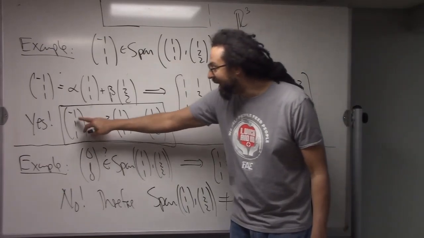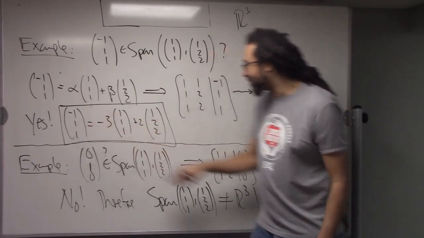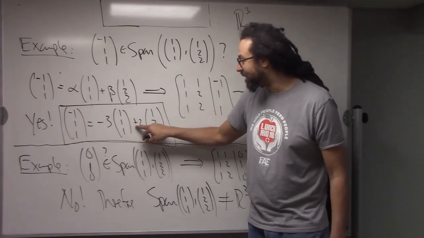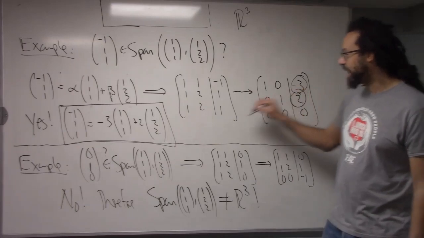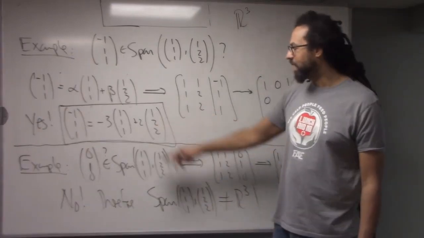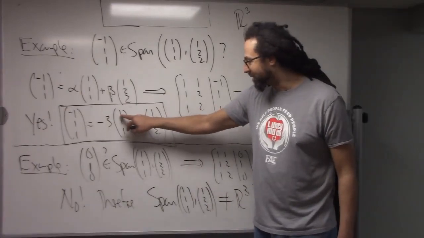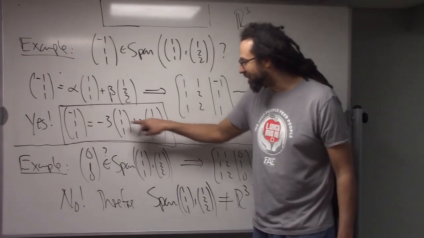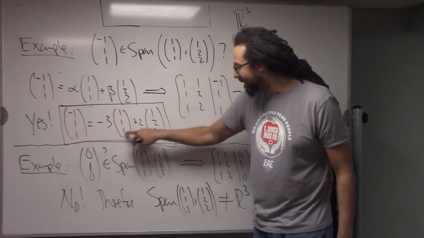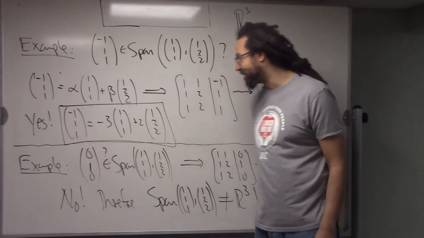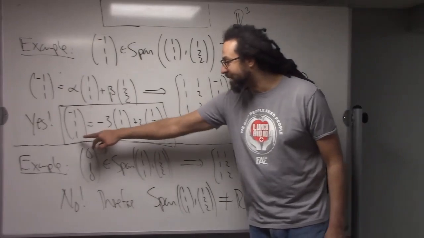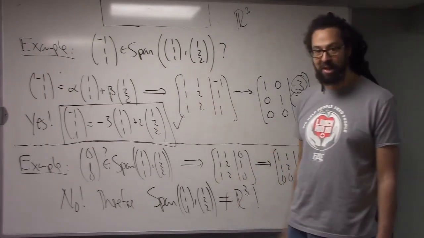So negative 3 times the first vector plus 2 times the second vector. And if you work this out, negative 3 plus 2 is negative 1. Negative 3 plus 4 is positive 1. Negative 3 plus 4 is positive 1. So that works out. So we've just shown that this vector is in the span of these two vectors.